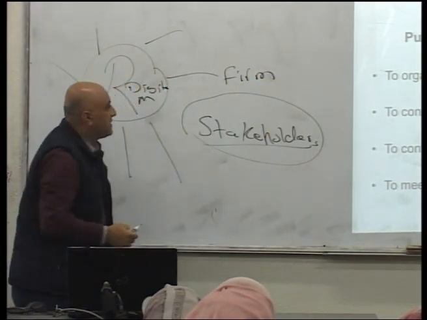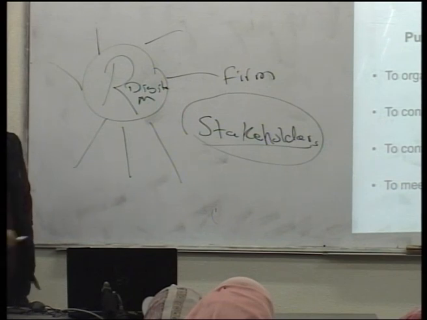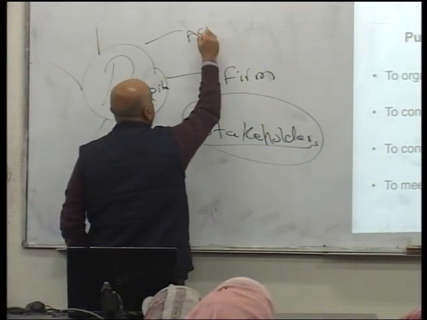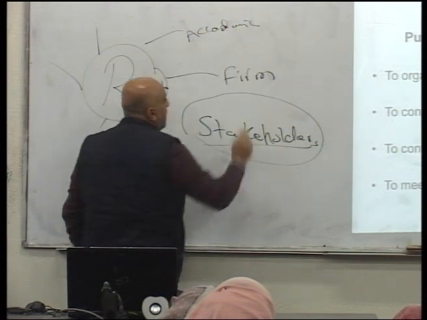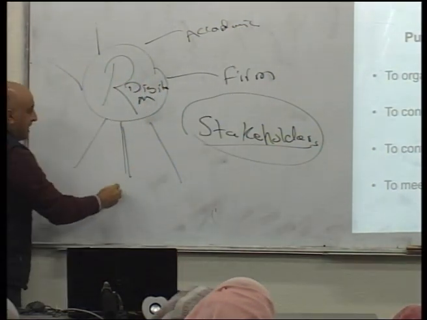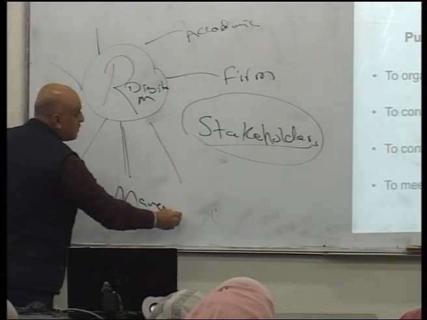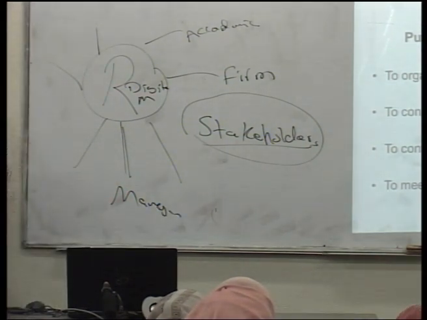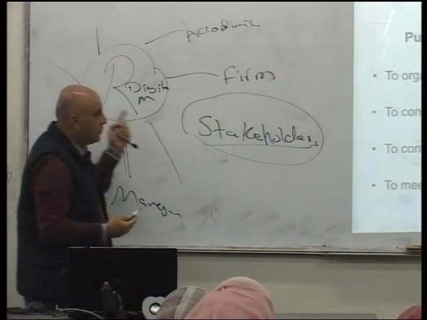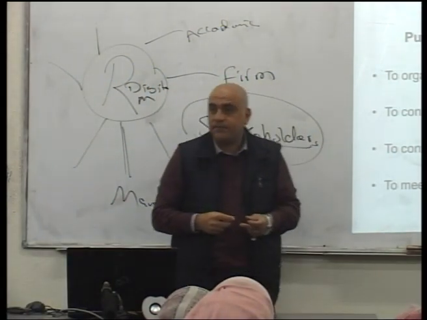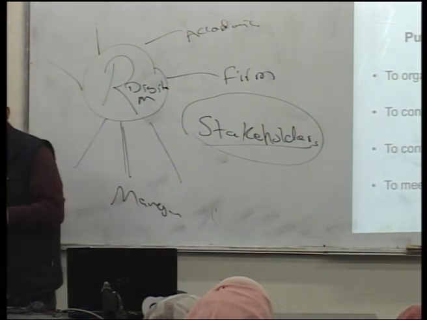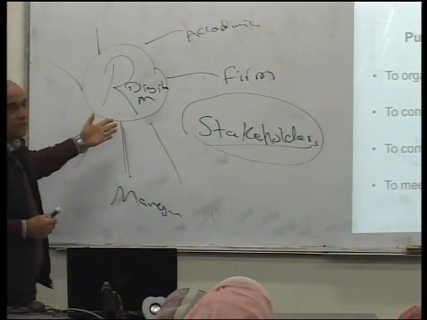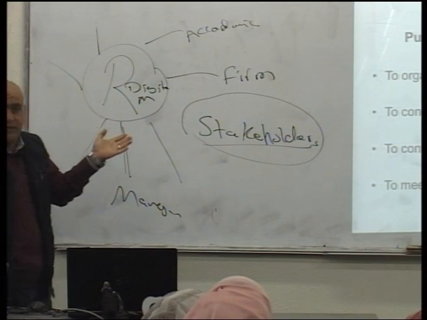And because you are doing research in the university, it's related to academic institutions. Also managers or executives could be interested in your research. You should have this audience. You have to convince them, because everyone should ask themselves what the benefits of this research are, and why you are doing this research.